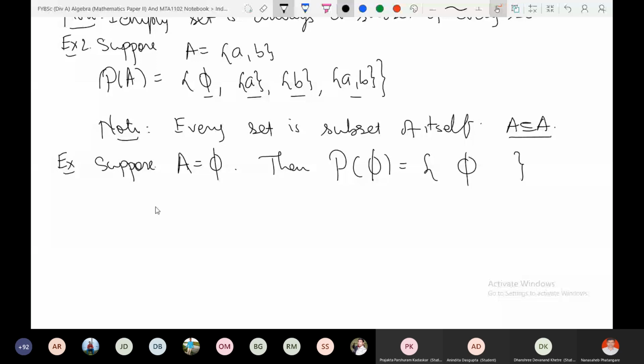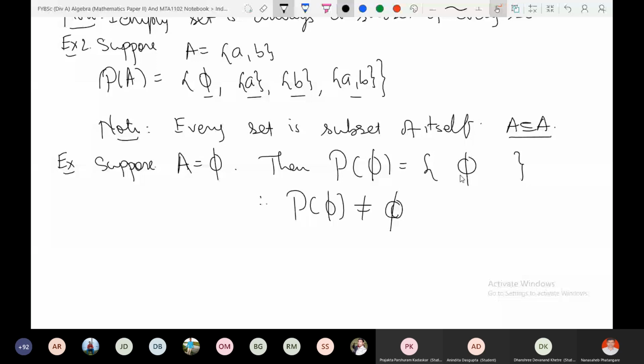And therefore what we can say is, the power set of the empty set is non-empty. Am I right? Yes. Because in the power set of phi there is a member phi.